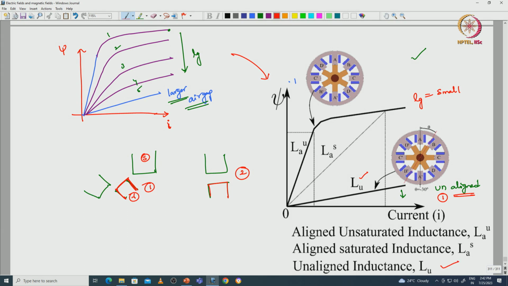The inductance with respect to the aligned position, where there is no saturation in this region, is represented with LAU. And in this nonlinear or saturating region, the inductance will be maximum, that is represented with LAS.